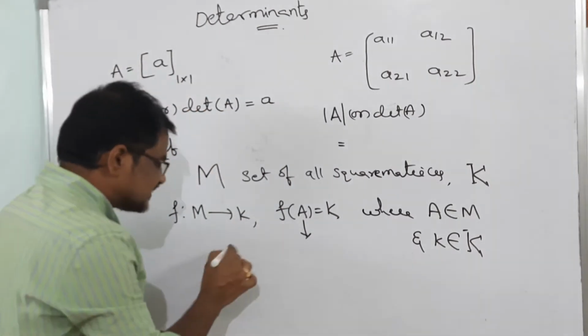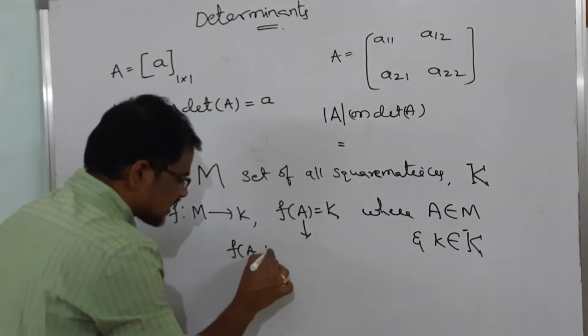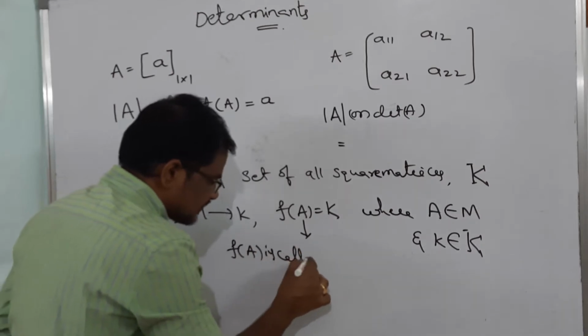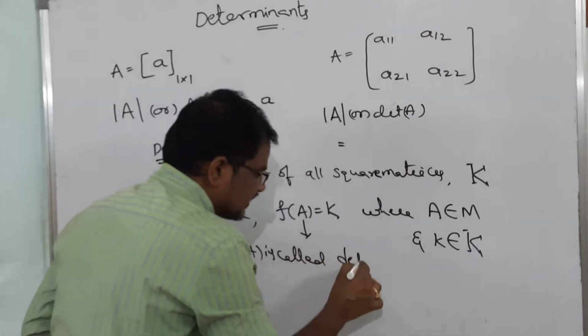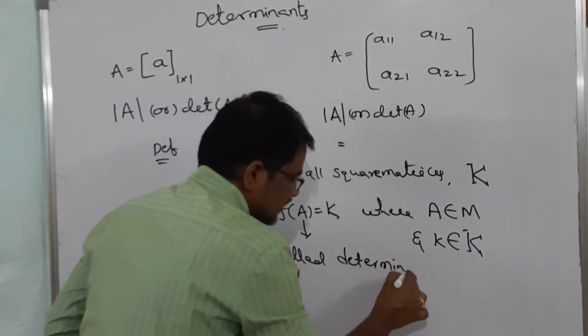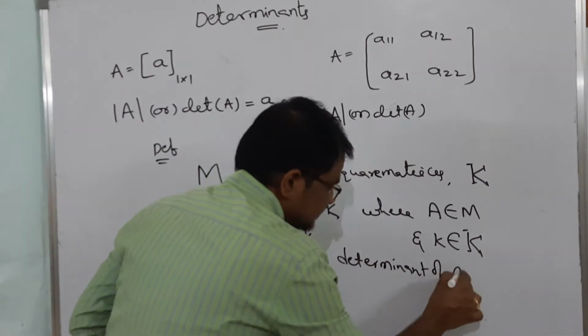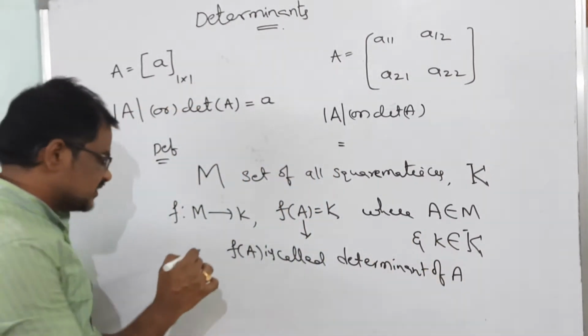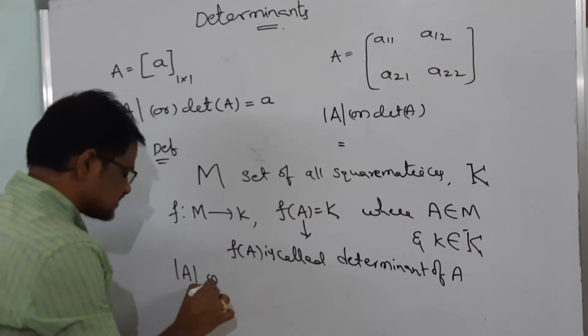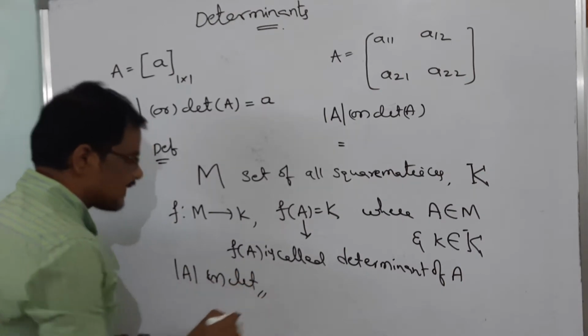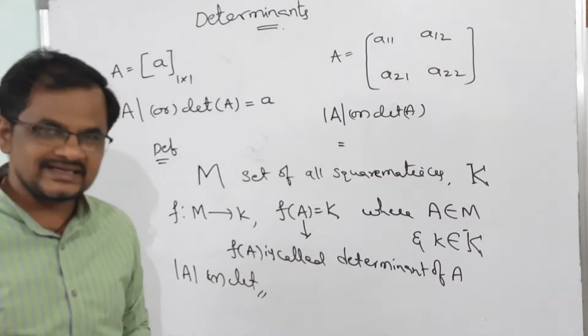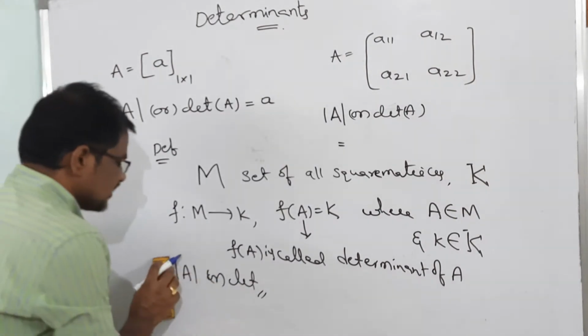Then this f of A is called the determinant of the matrix A, denoted like this. This is the definition of the determinant actually.